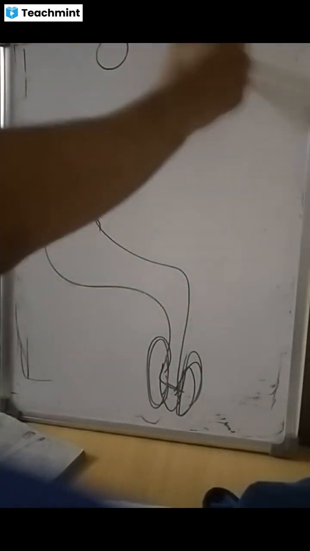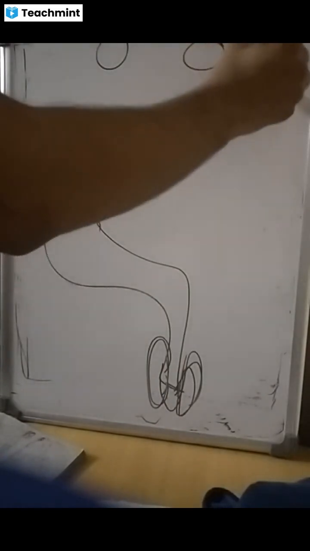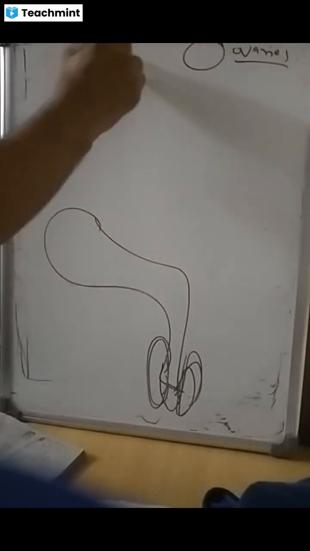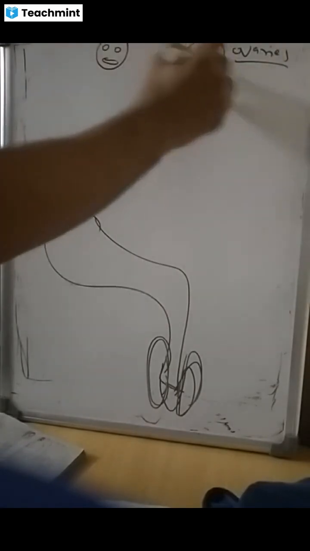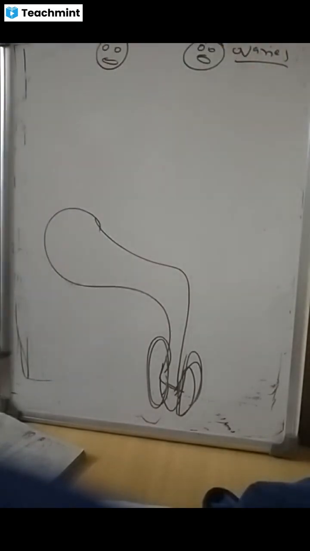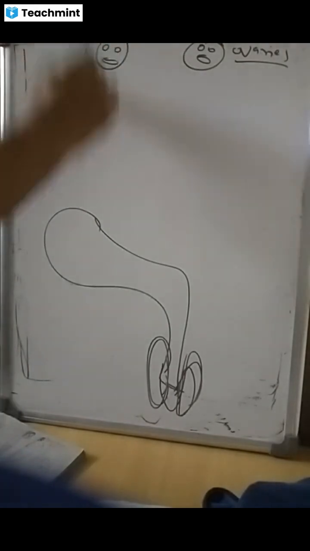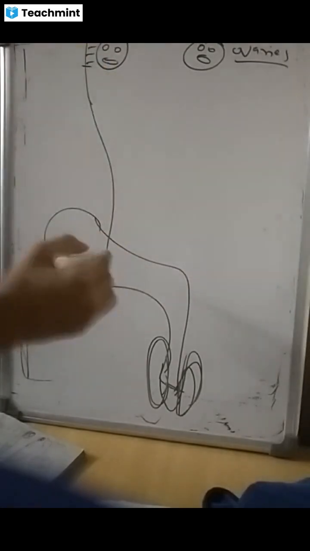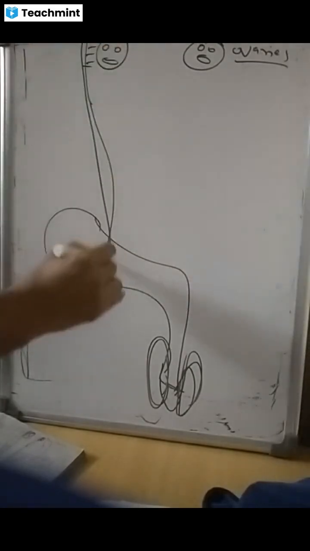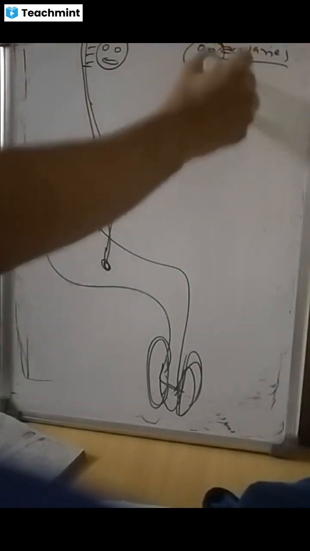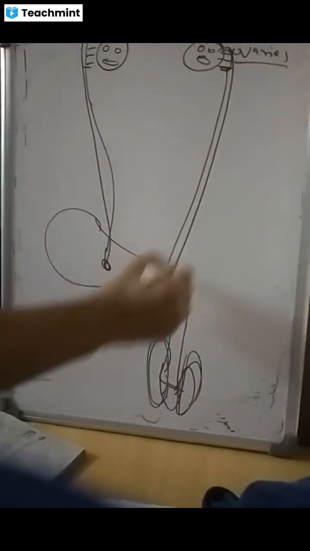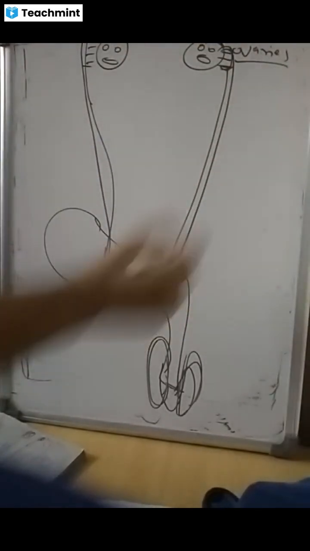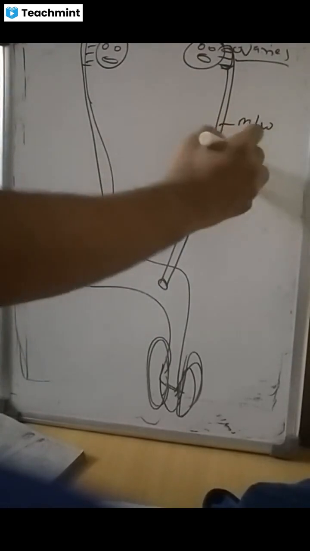Here we have the ovary, and it is derived from the gonad. Similarly, ovaries are having nephric ducts and tubules, the mesonephric duct and tubule, the mesonephric or Wolffian duct.